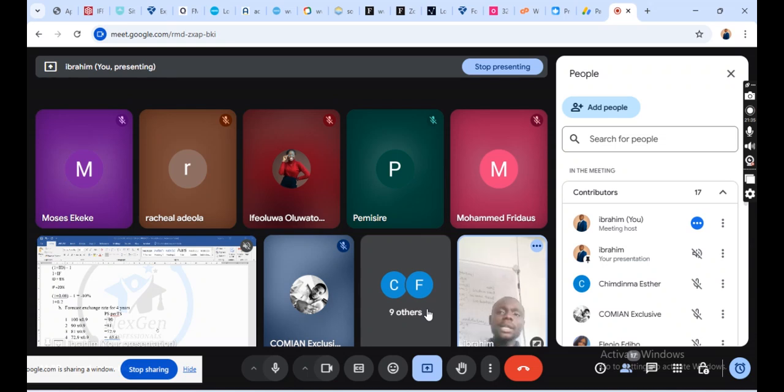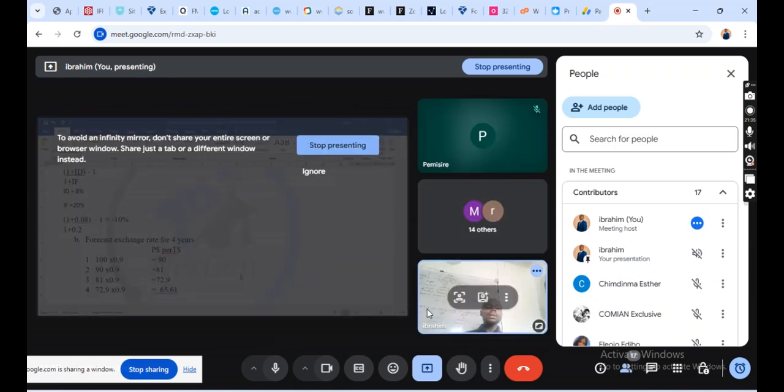Then the question you should ask yourself is, when Nigerian currency is not involved, the first one becomes what? Your direct quote, which is P dollar, right? Establish that.